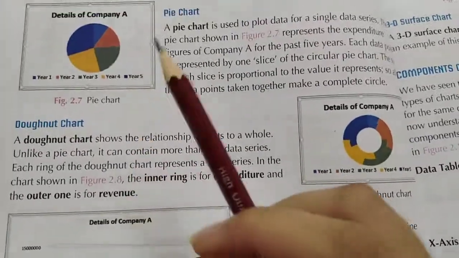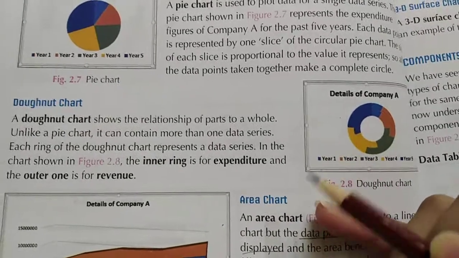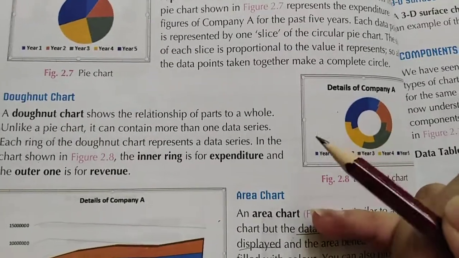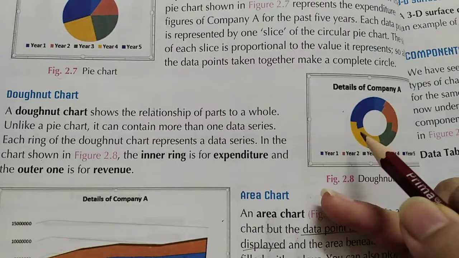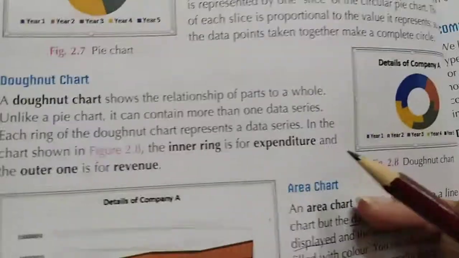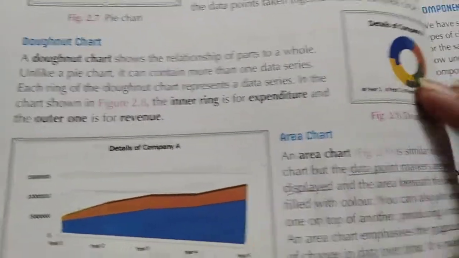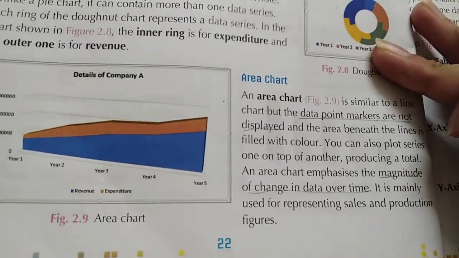Then comes the donut chart. It is almost like the pie chart, but it is in a donut shape. It means you can add two or more data series, so you can have an idea of how your data is going up or down, or how much your expenditure and revenue is. Then comes the area chart.